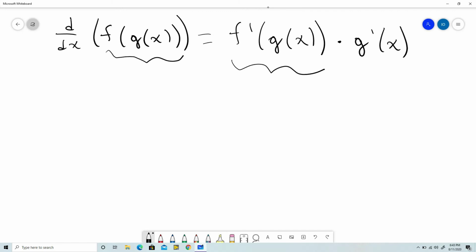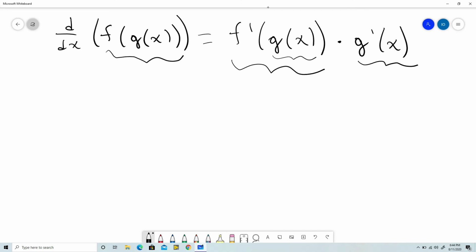And then once you're done with the outer function, you're going to multiply that by the derivative of the inner function. So this would be g of x right here, and you find the derivative of that, which is g prime of x, and you multiply it by the first factor.